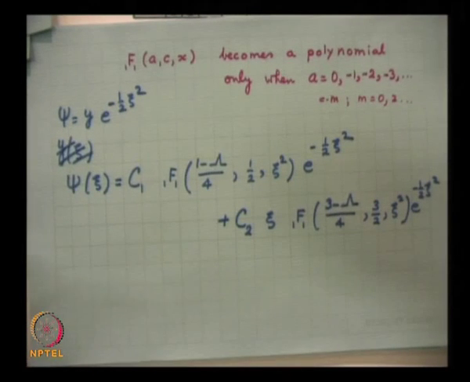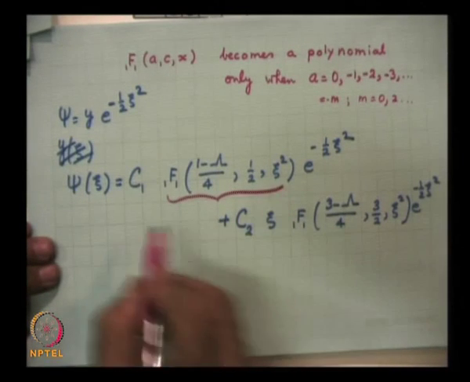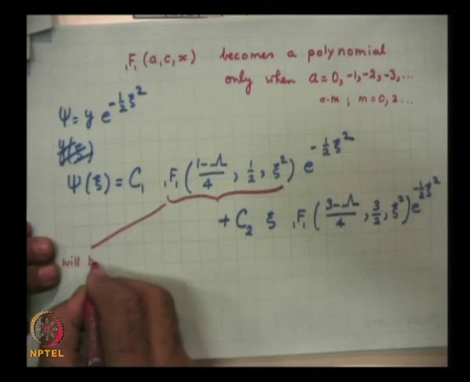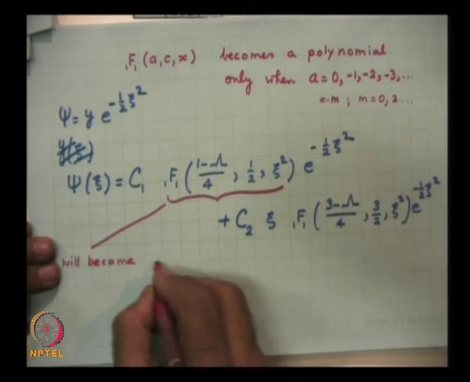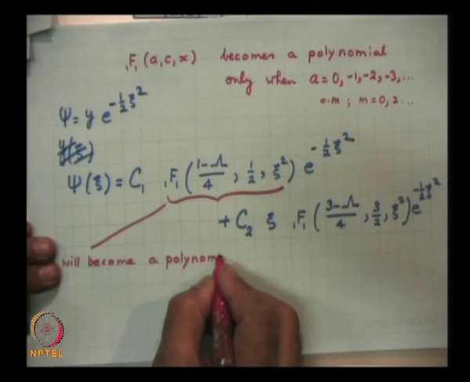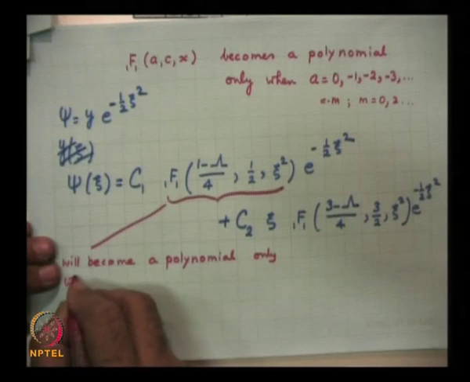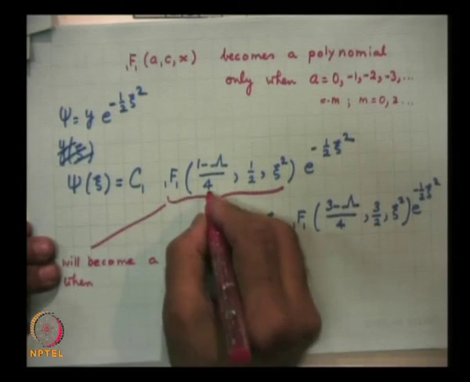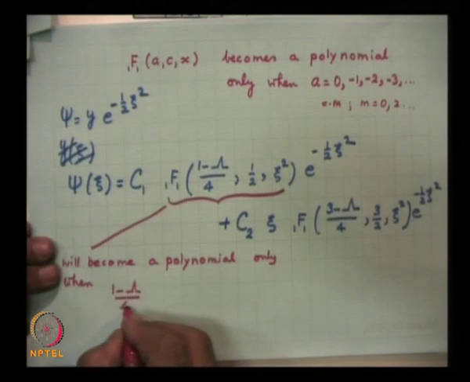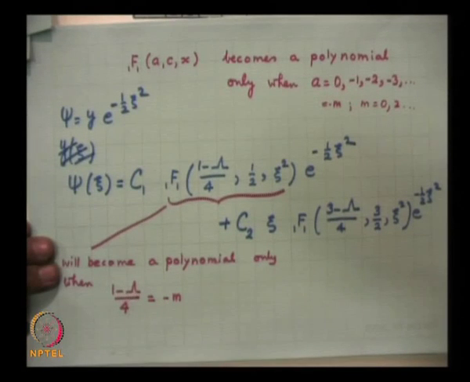So, what we have found is this infinite series will become a polynomial only when 1 minus lambda by 4 is equal to minus m.